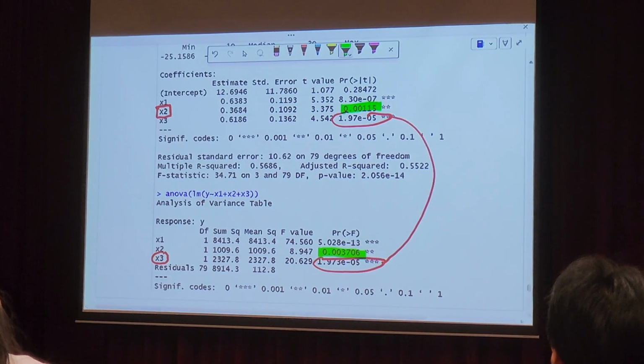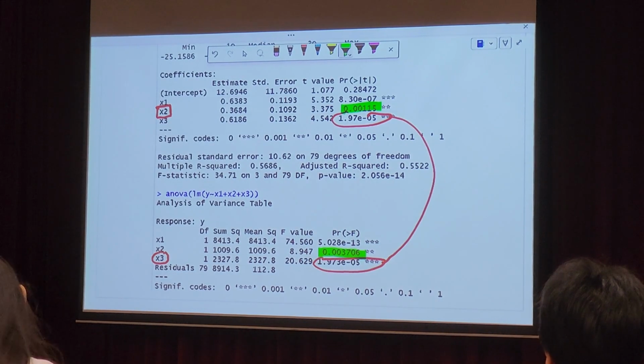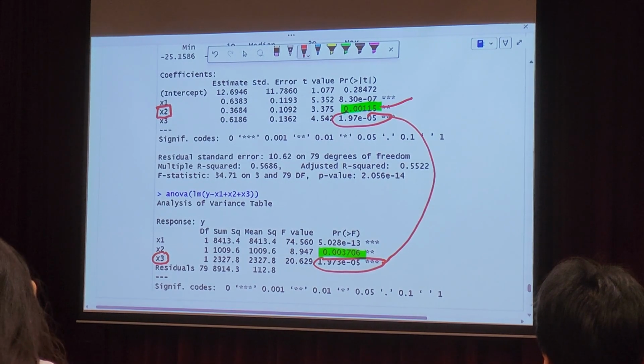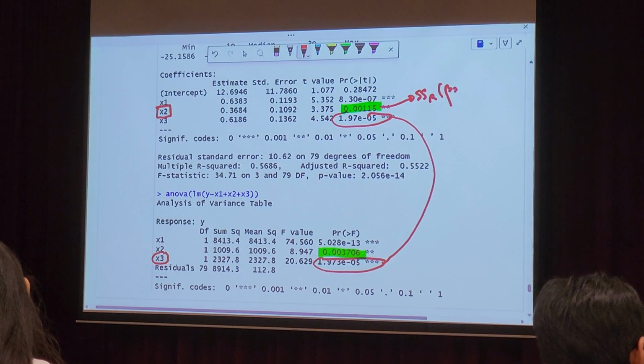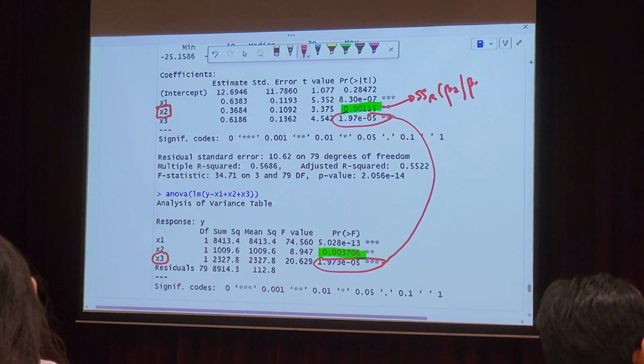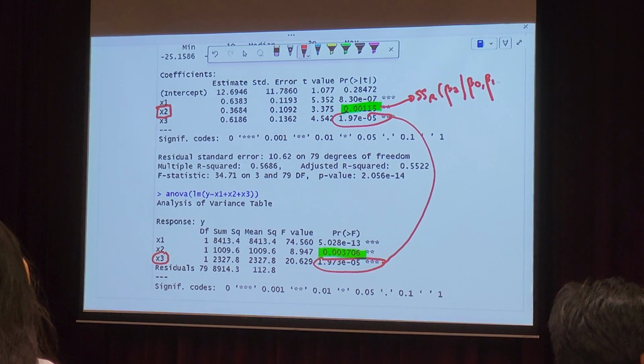I hope you know why. Because for the analysis of variance table, here we only account for x1. Here it is calculated based on beta 2 after you have accounted for 1 and 3.